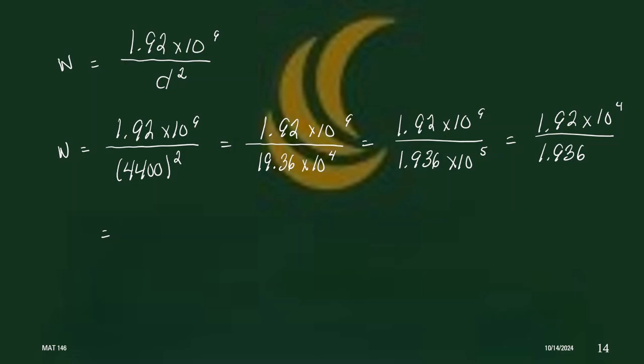Are you sure it's not 19.36 times 10 to the 6th on the bottom? 10 to the 4th would be 4.4 times 10 squared, 10 cubed. Oh, it is 10 cubed. You're right. This is going to make more sense. That makes more sense. 99 pounds.